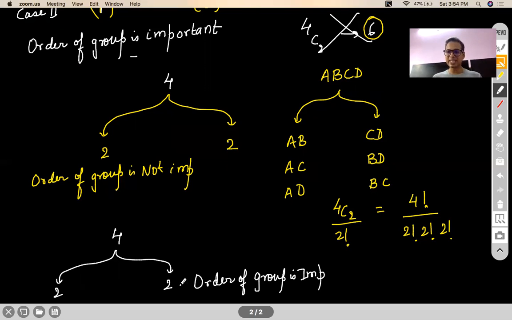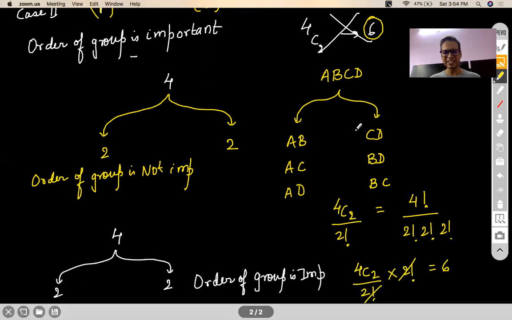So you're naming it, let's say group A and group B. Then in this case, your answer will again be 4C2 by 2 factorial into 2 factorial, because now the same two people can change hands. So now AB, CD and CD, AB will be considered to be different things. First, AB was a part of group A, or just say group 1. CD was a part of group 2. So if CD comes into group 1 and AB goes to group 2, they will be considered to be different cases. They will be considered to be different divisions.